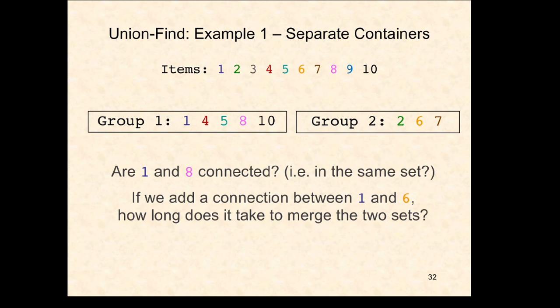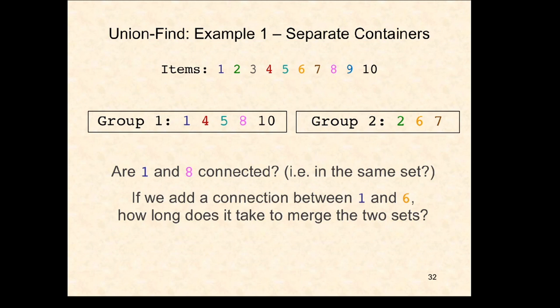And then I search through all of those other containers. When I get to group 1, I search through, I find that 8 is in there, and I say, no, you can't do a union of 1 and 8 because they're in the same container already. But maybe I had to search through a bunch of other groups just to find that out.